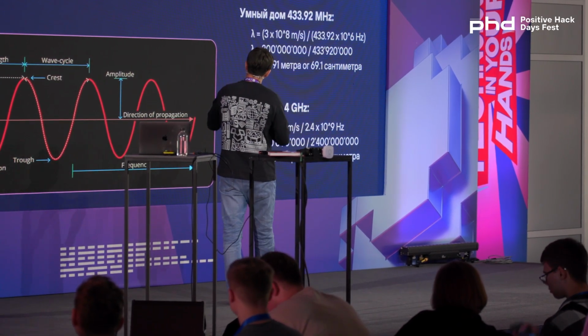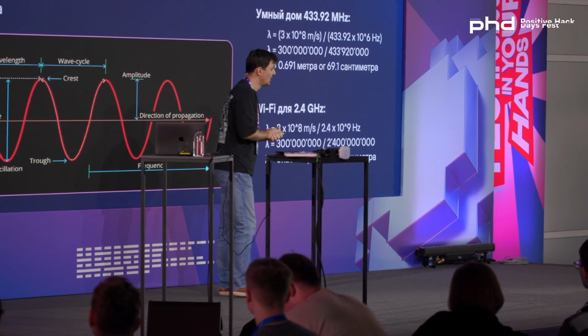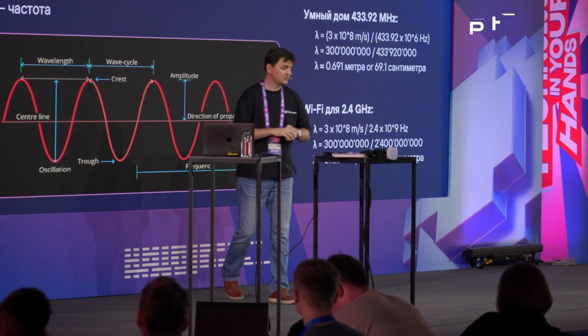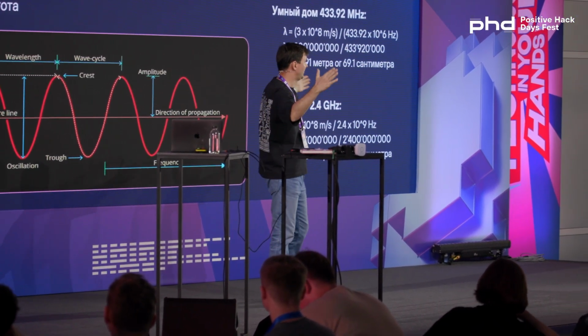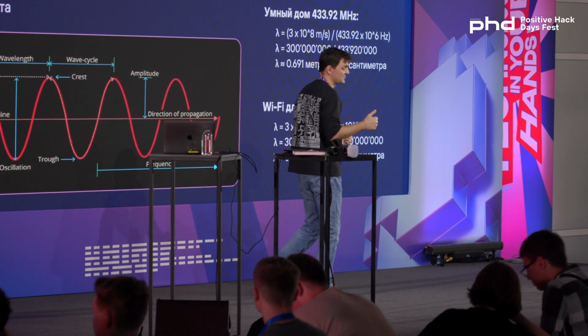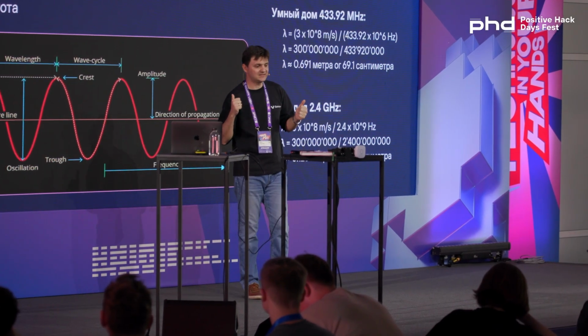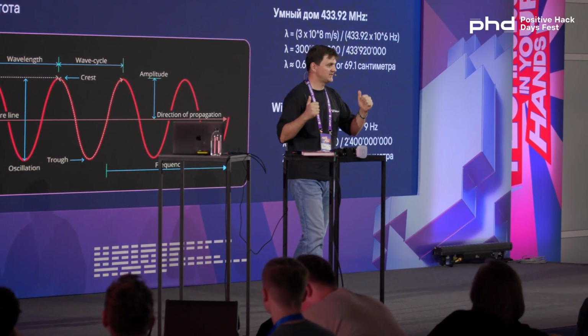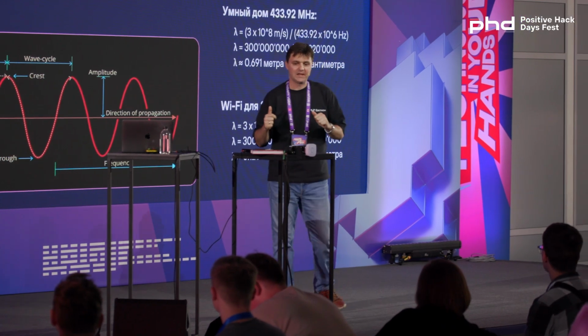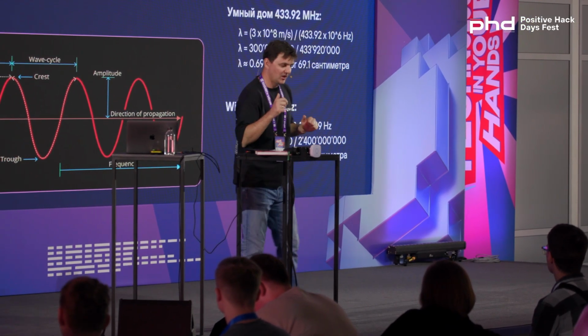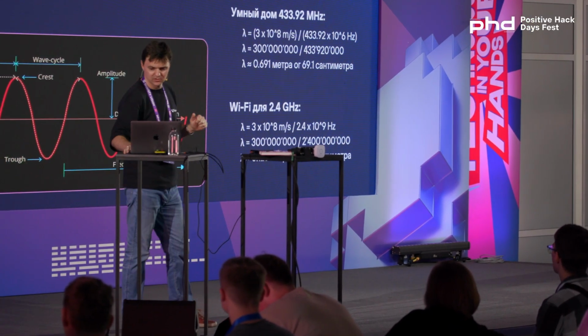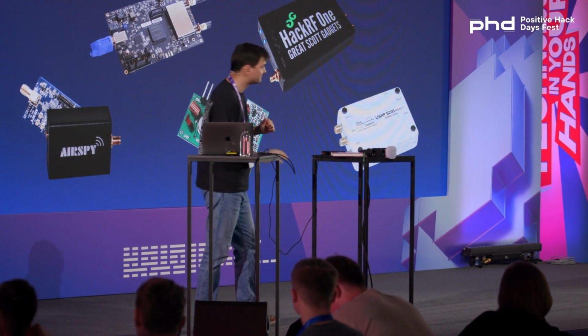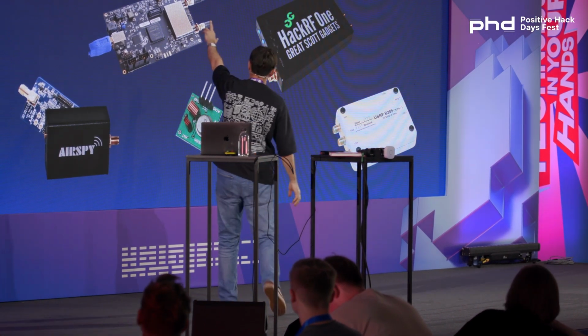You can divide the wavelength by half, by quarter. In FM, half wave is 1.5 meters or 75 centimeters. Sometimes antennas are quite interesting to reduce the size. In the next slide, yes, let me show you.